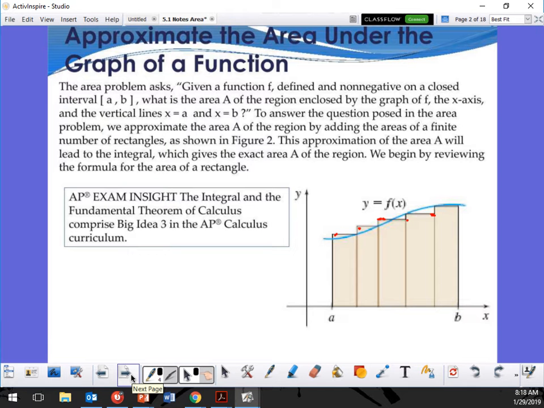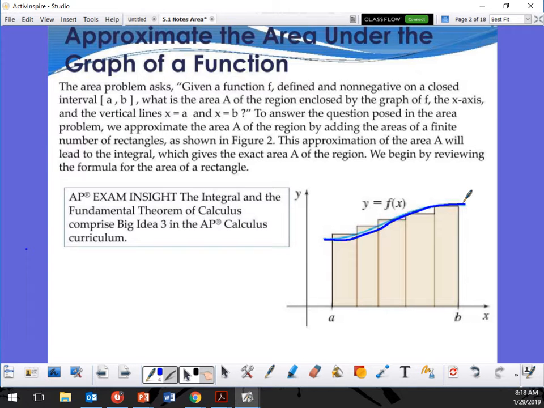What we're trying to do here is approximate the area under the graph of a function. The blue line is my f of x. That is the function I'm trying to find the area underneath.